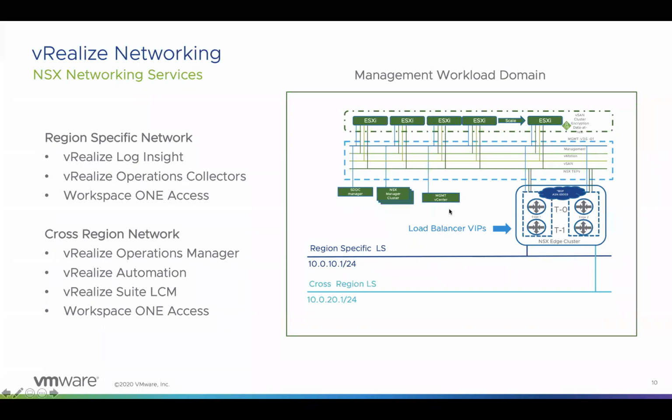I'll talk in detail later about why we need the load balancer. We need the load balancer for components, for example vROps. If you are an enterprise customer, based on your sizing, maybe VMware recommends multi-node clusters.